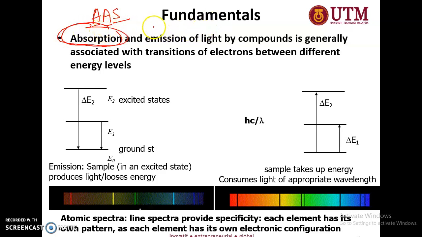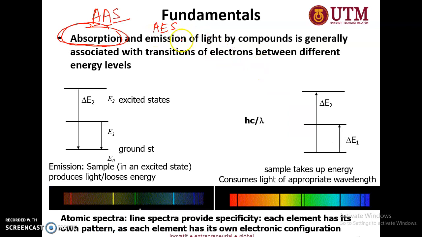If you are doing AES, atomic emission spectroscopy, you are analyzing the emitted light. Why absorption? Why emission? Why can they absorb and emit? Because of the changing transition of electrons when bombarded by radiation.